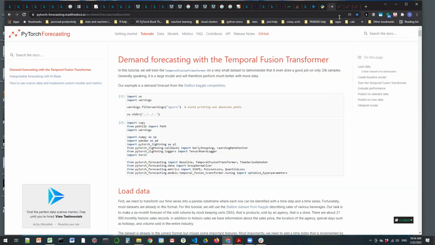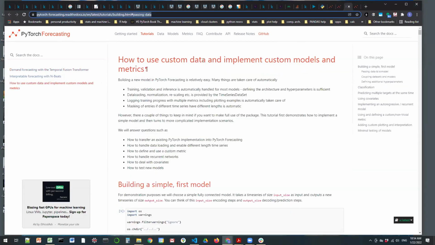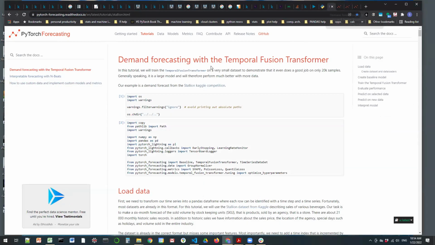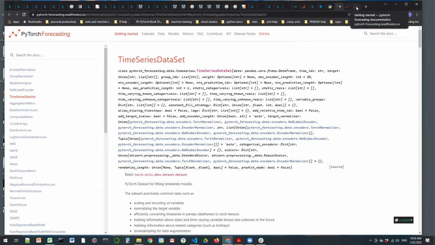So I adopted this, and interestingly, PyTorch forecasting is built very similar to the FastAI approach, but built to utilize PyTorch Lightning, which is very similar to FastAI in its approach.